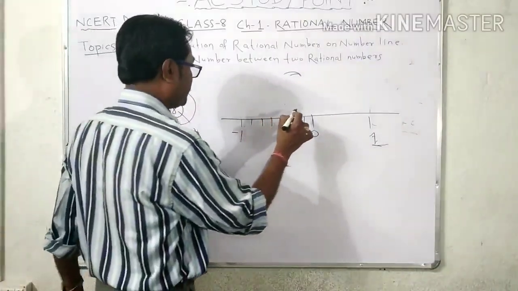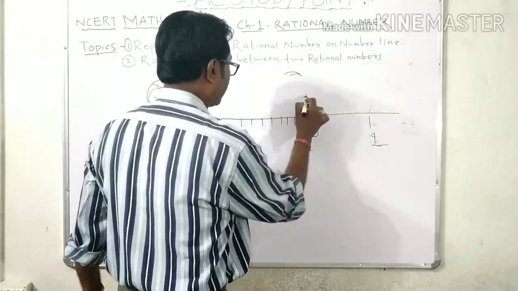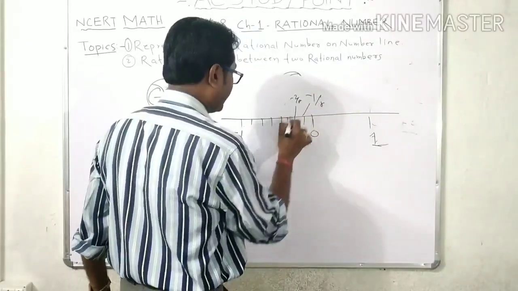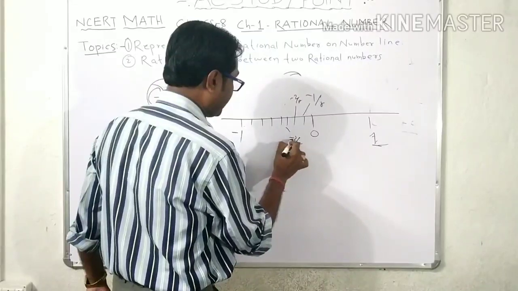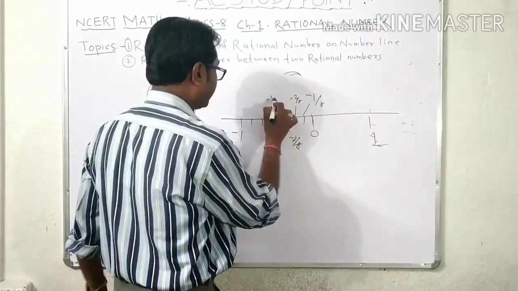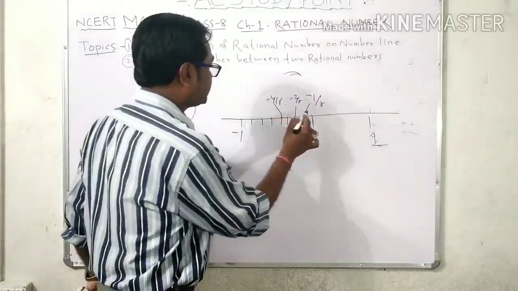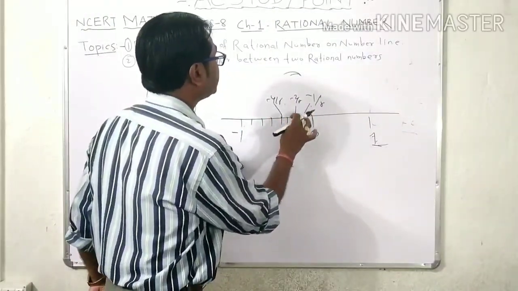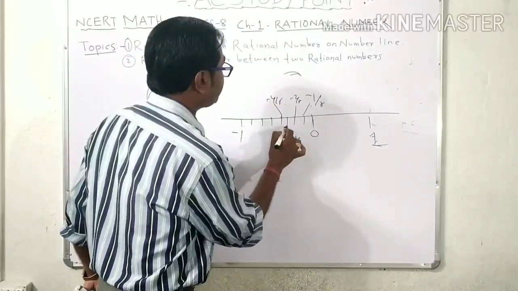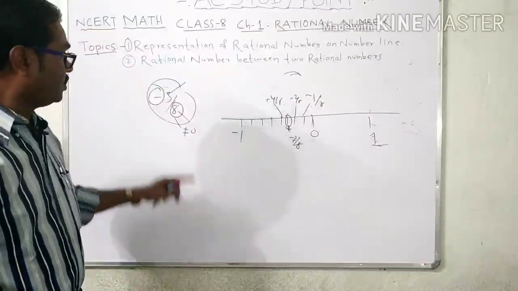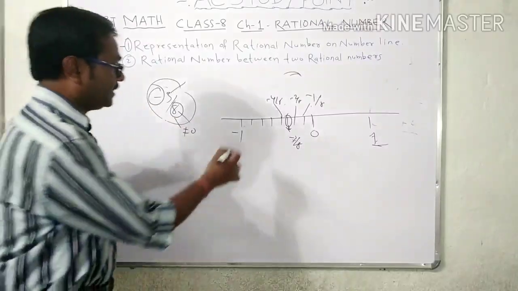So this becomes minus 1 by 8, this is minus 2 by 8, this is minus 3 by 8, this one is minus 4 by 8. Our aim is to find this one: 1 by 8, 2 by 8, 3 by 8. So this is the point on the number line which shows minus 3 by 8, and this goes on.